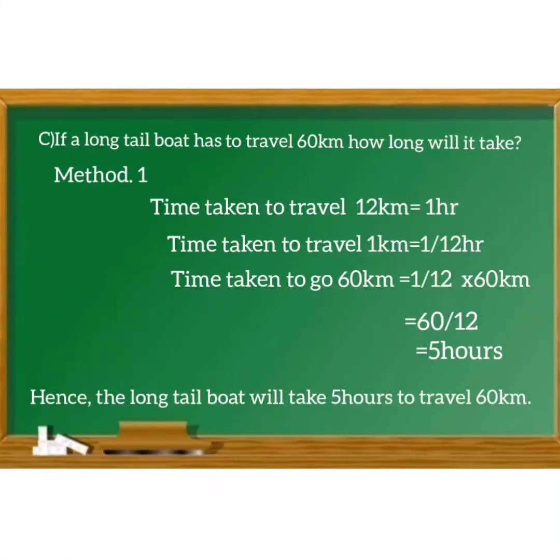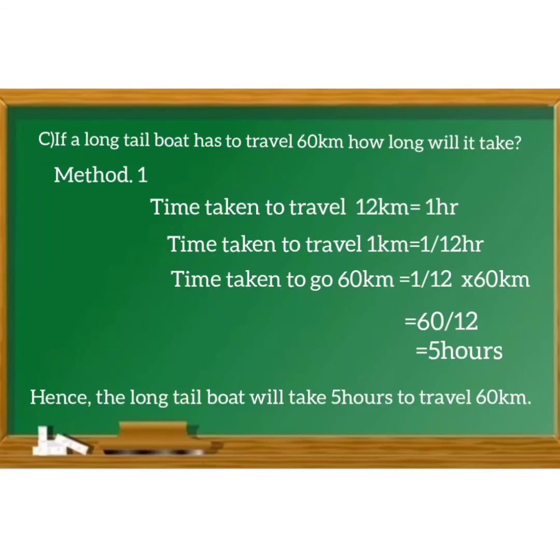Next, C. If a long tail boat has to travel 60 kilometer, how long will it take? This means what we have to find? Yes, we have to find the time. Method 1, time taken to travel 12 km is equal to 1 hour. That is given. Next, time taken to travel 1 km is equal to 1 divide 12.